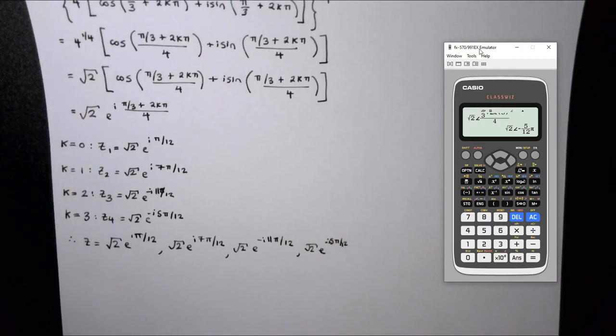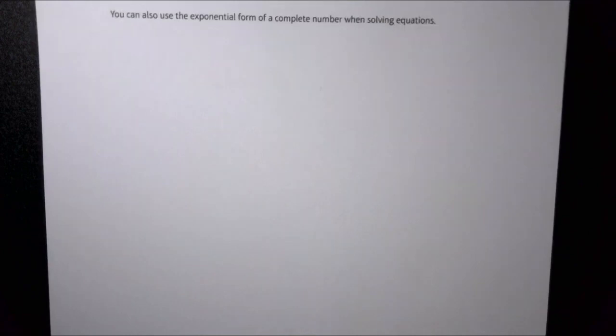So these are our four roots. You can also use the exponential form of a complex number when solving equations.